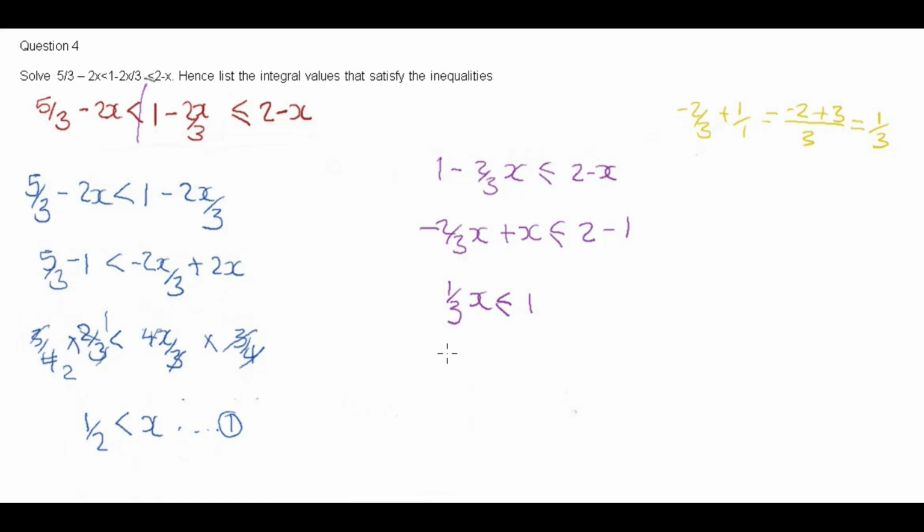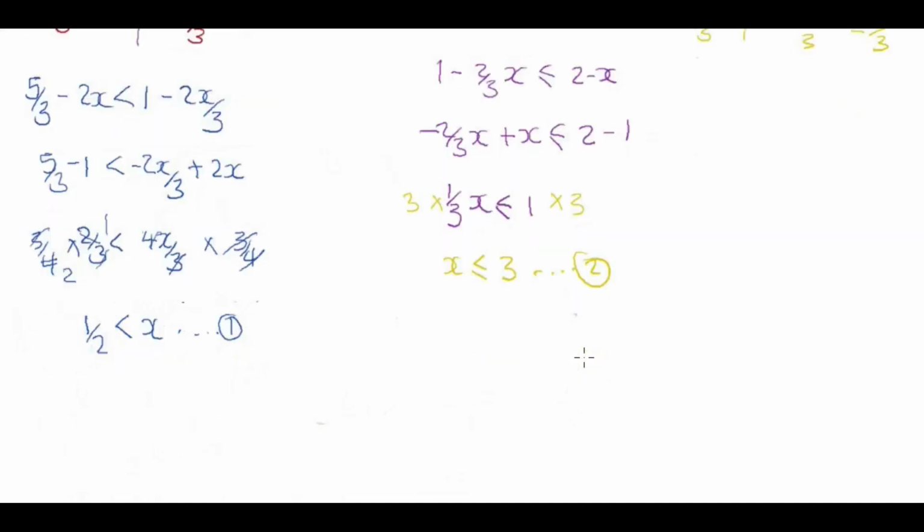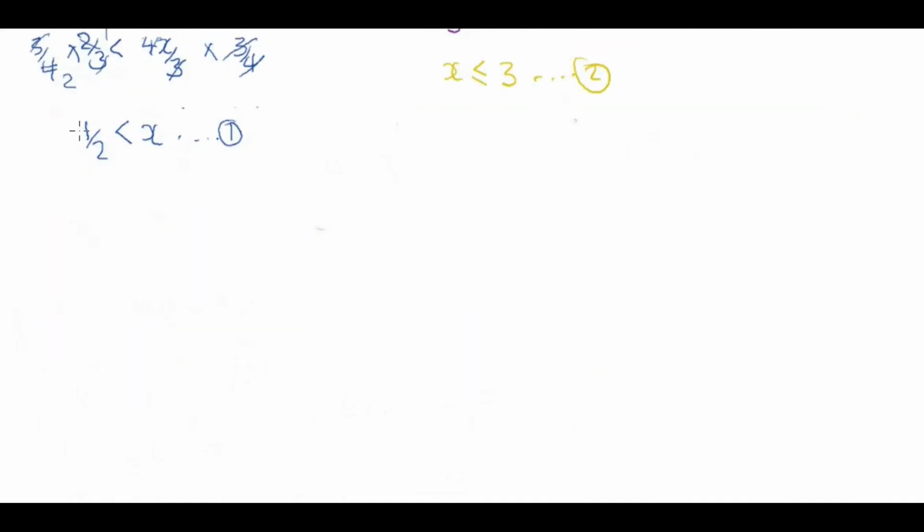So we multiply by 3 on both sides so that we are left with x is less than or equal to 3. So this is our equation 2. Let's combine equation 1 and equation 2 together.